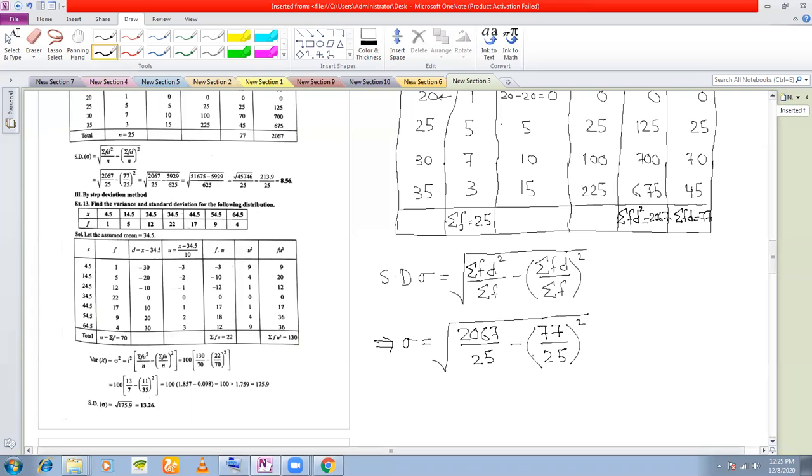Now you can take the LCM and simplify this. That is root of 2067 divided by 25 minus, squaring 77, you get 5929 divided by, squaring 25, you get 625.